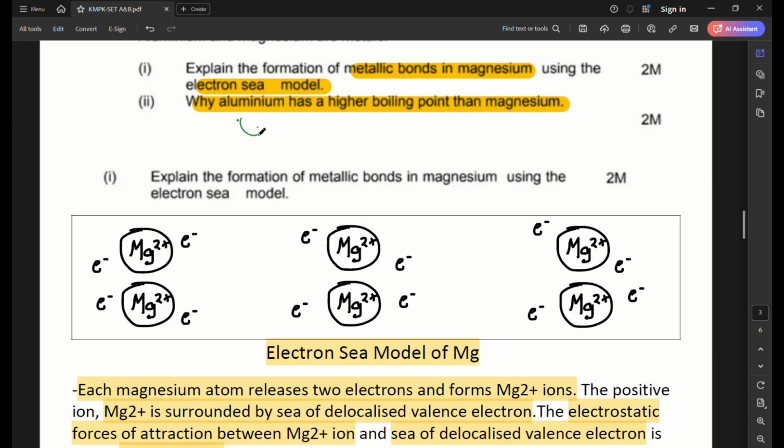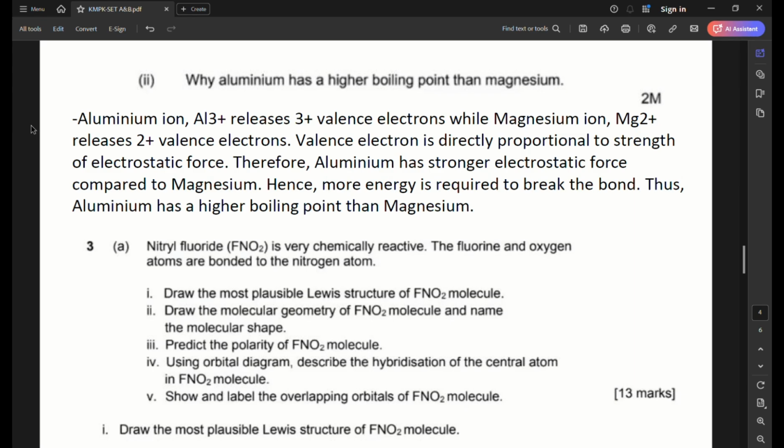As you know, aluminium forms Al3+, so it releases 3 valence electrons. Magnesium forms Mg2+, so it releases 2 valence electrons. The number of valence electrons is directly proportional to the strength of the electrostatic forces.